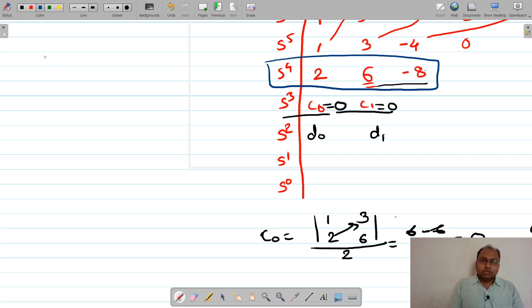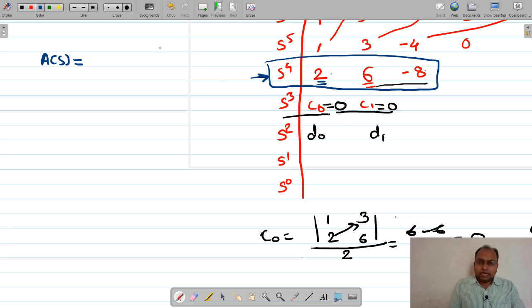Okay, so as this is the row of s raised to 4, this coefficient will have the multiplier s raised to 4, then one gap, that is s cube, will not be there in this particular equation. Then this 6 will be multiplied with s square, because we use alternate coefficient values.